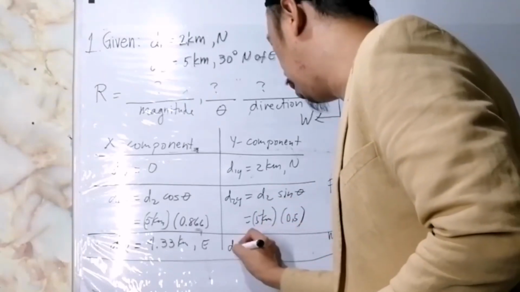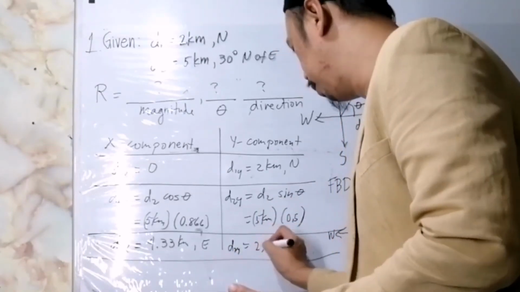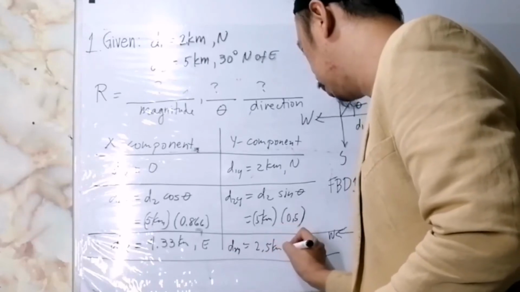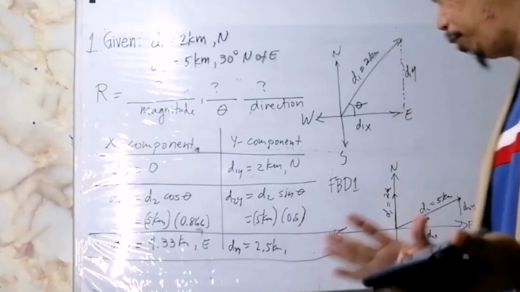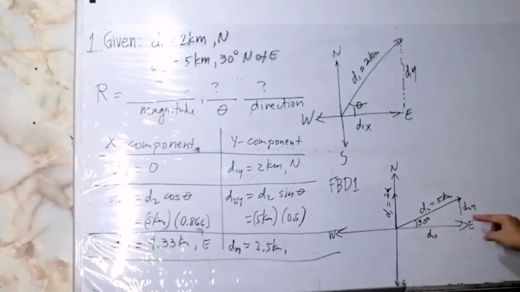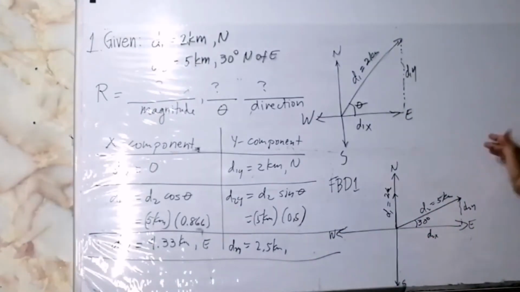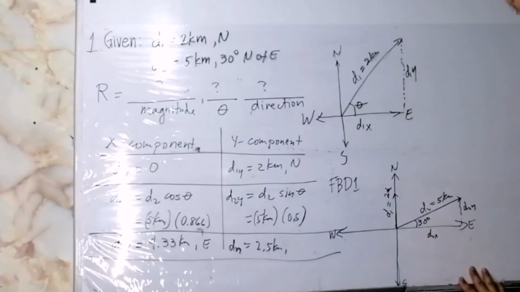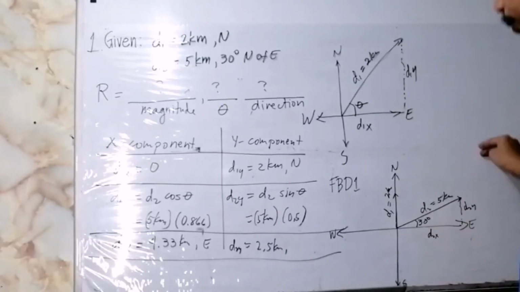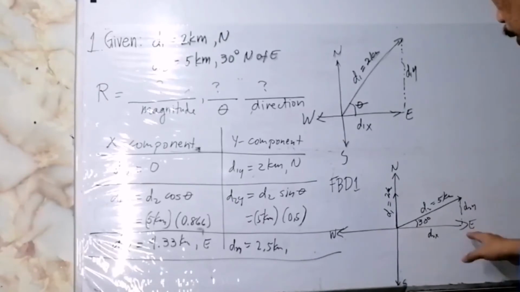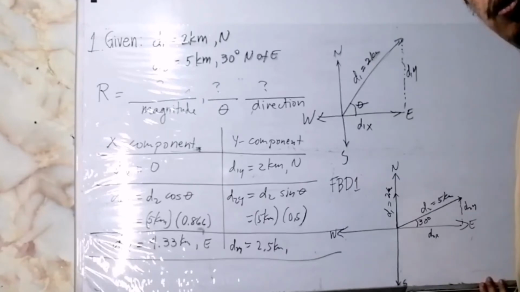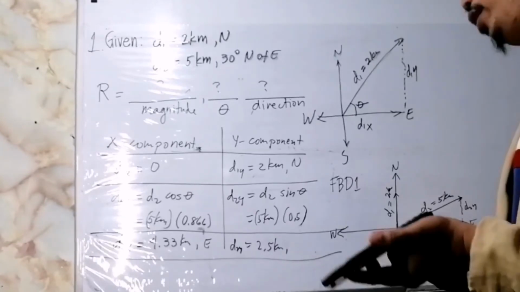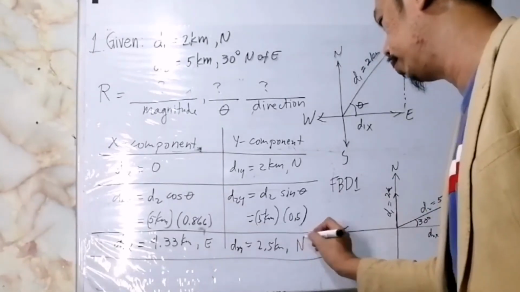So D2y is 2.5 kilometers. Now, what's the direction? Okay, to get the direction, where is the D2y? Is it on north or south? Again, where is D2y? Is it going to north, or going to south? It is going to north. So, the direction is north.